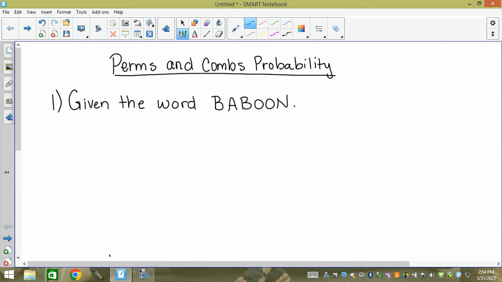So I'm going to ask about a probability here. I'm going to say determine the probability. So anything in the question affects the top of your fraction, the probability fraction. So determine the probability the B's are together.